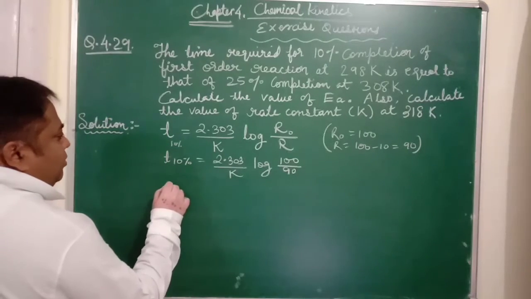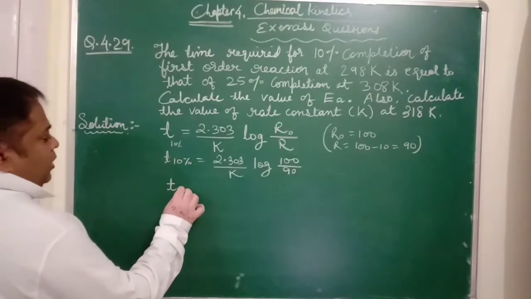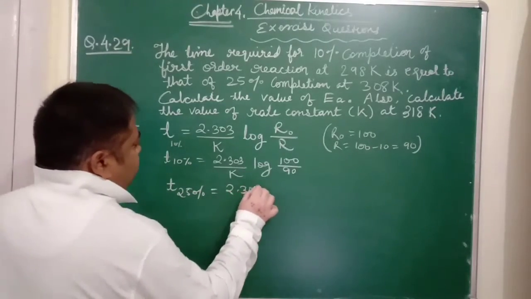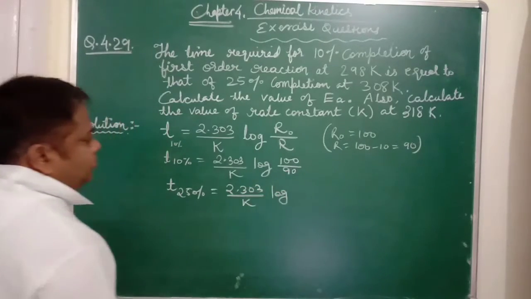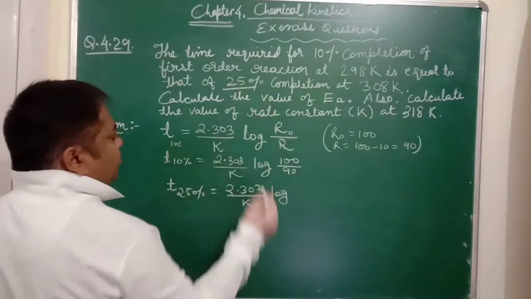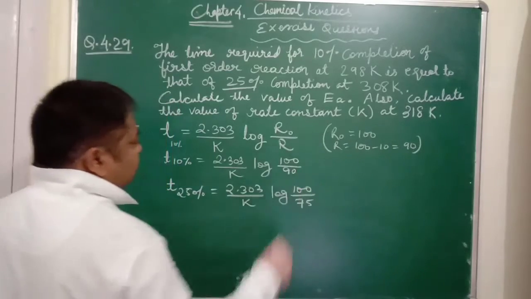Similarly, t at 25% completion will be 2.303 by k log 100 by 75, since out of 100, now 75 is remaining.